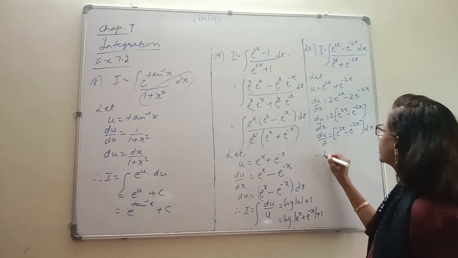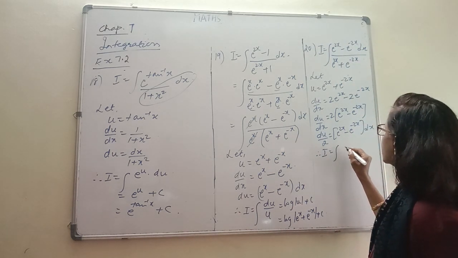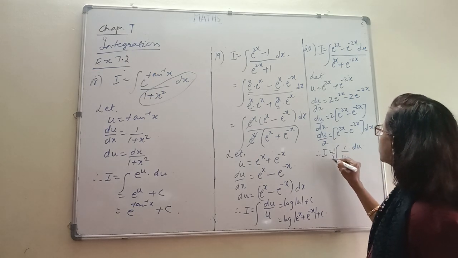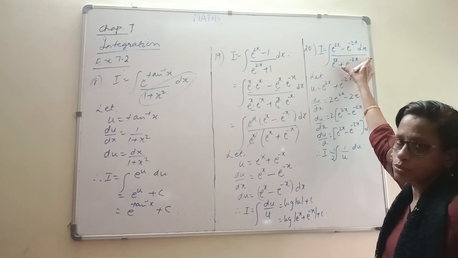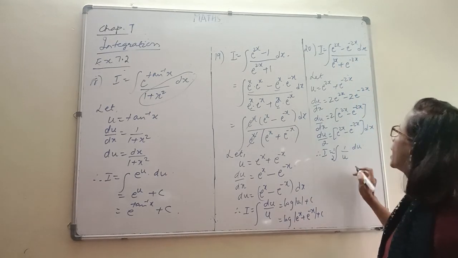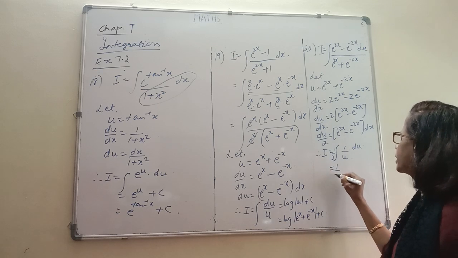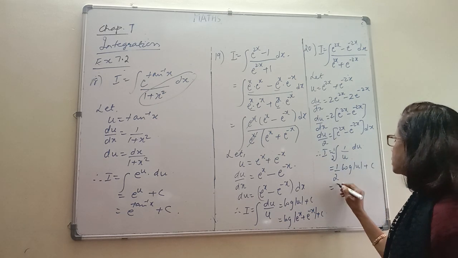Like that, your I becomes 1 over u du with a 2 outside, because the numerator is du over 2, and this we have assumed as u. That's fine. The integral of this is going to be log modulus u plus c. That's it. It solves the issue.